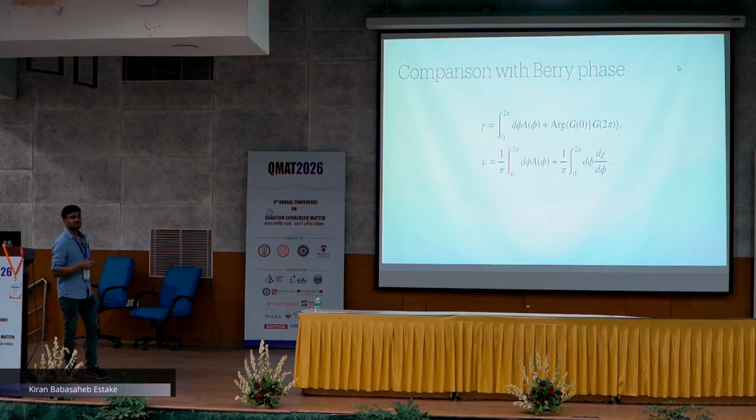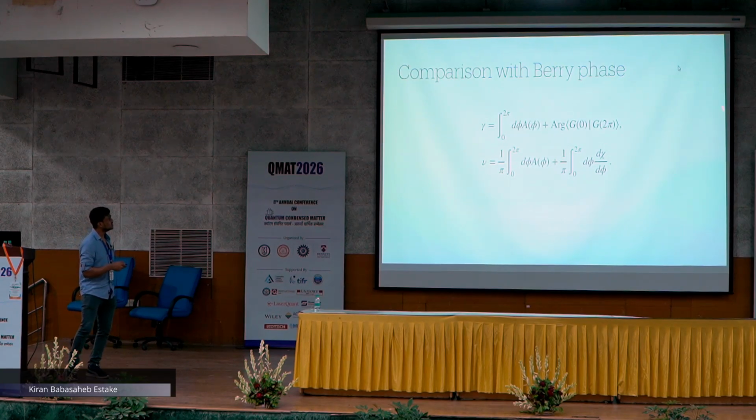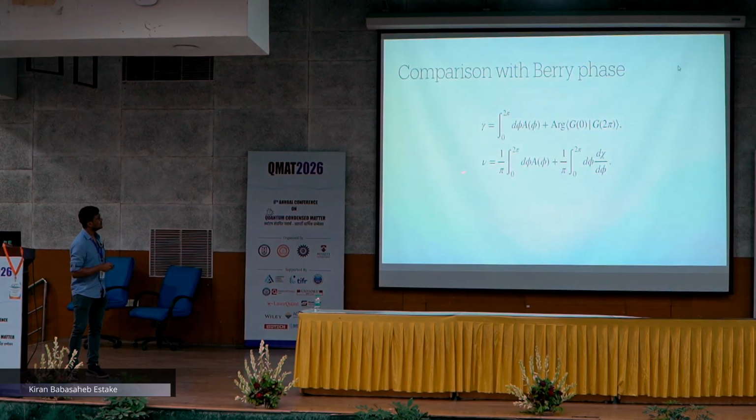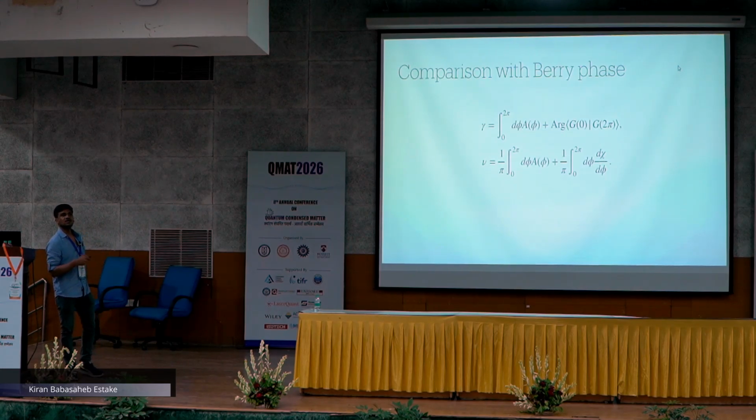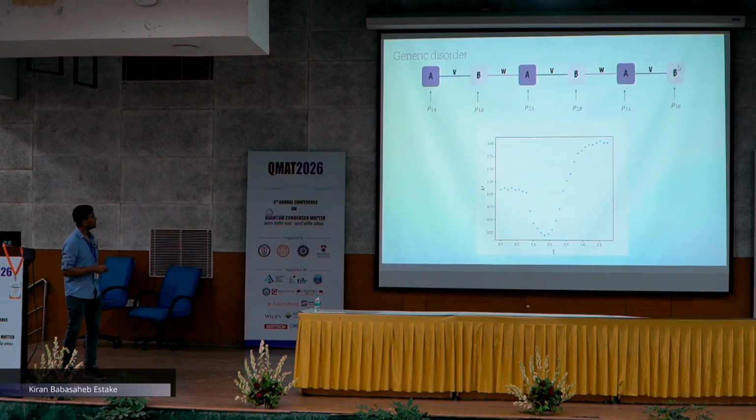It does not care about how the state evolved as we varied phi from 0 to 2 pi, but it could have happened that along this evolution from 0 to 2 pi, the state might have undergone multiple windings with respect to the initial state, which is completely ignored in the Berry phase formulation. That is exactly being kept track of in this integral of the derivative d chi d phi term. That is the difference, and that's why Pancharatnam's winding number keeps track of all integer winding numbers and can resolve between all of them.